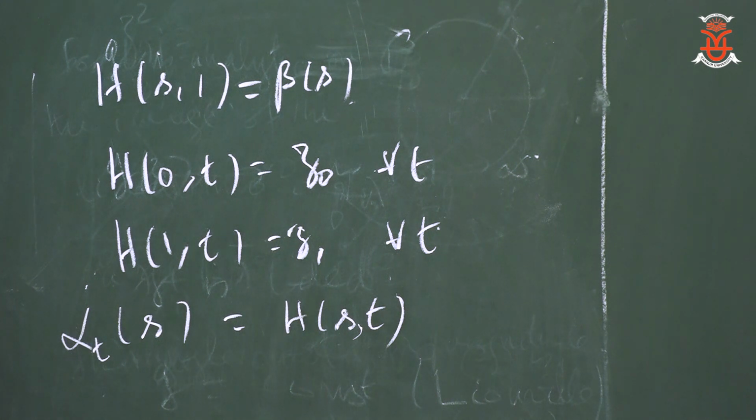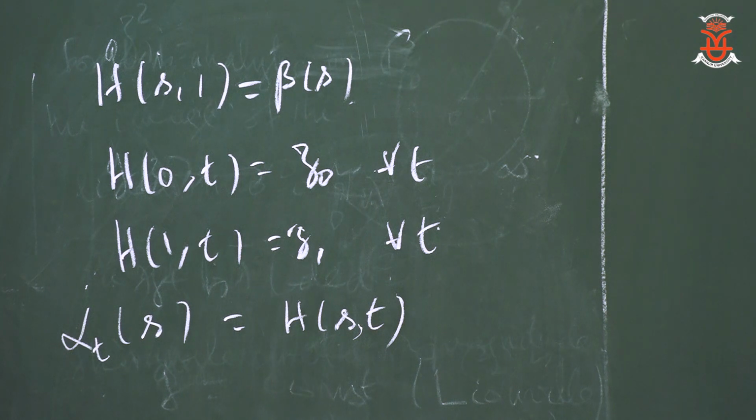Alpha 0 is alpha, and at t equal to 1 you get beta. So each alpha t is a path joining z0 and z1. So I have a continuous family of paths joining z0 and z1, starting with alpha and ending with beta. That's all it does, right? This homotopy, I just call a homotopy or path homotopy from alpha to beta.